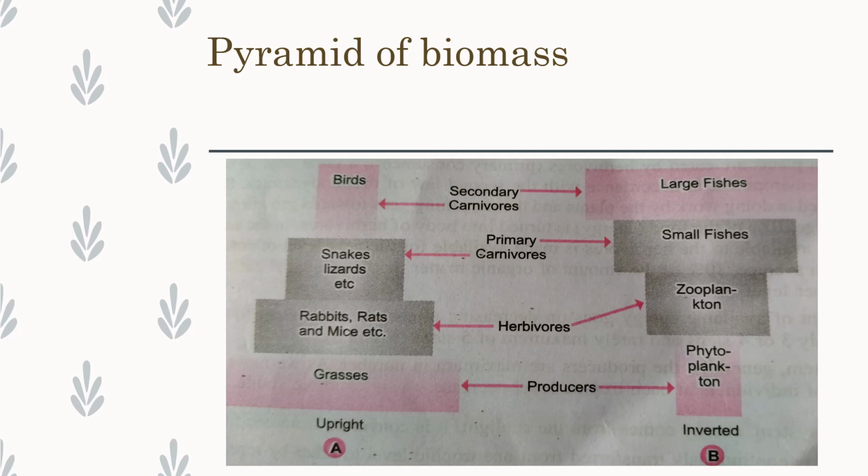The biomass of phytoplankton is less than that of zooplankton, meaning a small amount of organic matter of phytoplankton supports more zooplankton, more small fishes and more large fishes. So phytoplanktons, which are the producers, have less organic matter. So here the organic matter is increasing.